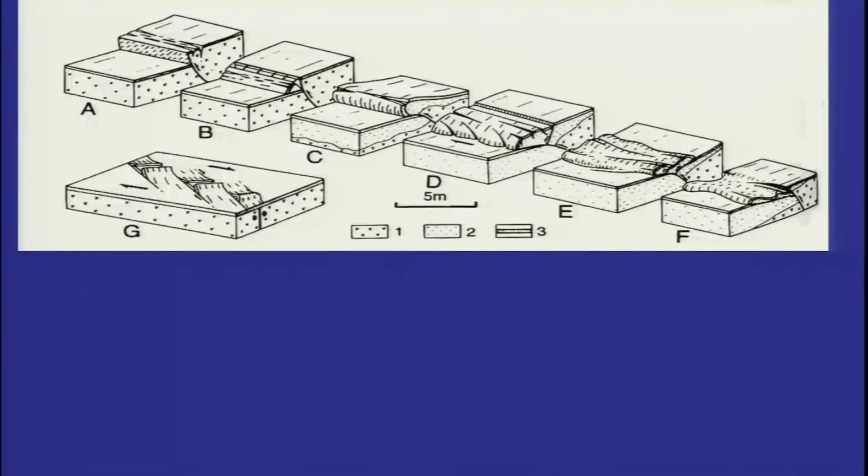So let's see quickly what we are able to learn from this. Okay, so all these 7, A, B, C, D up to G, were from the same faulting event, and you can easily make out that due to different material and also the geometry of the fault, you see different types of deformation on the surface.